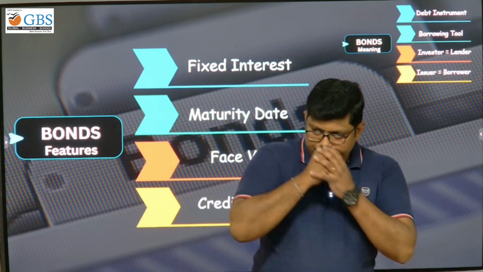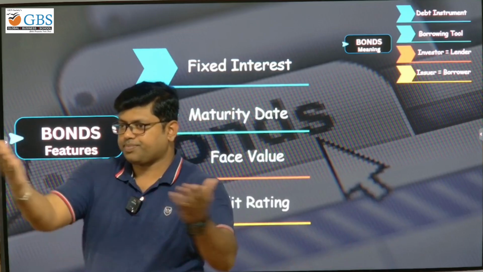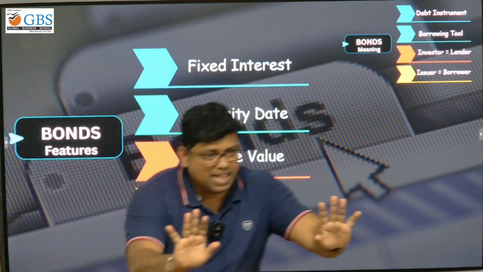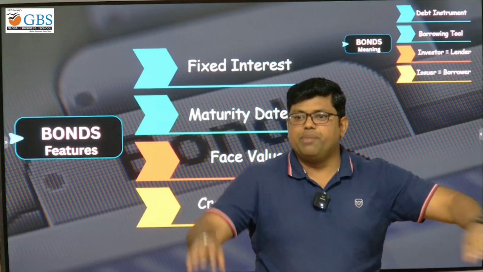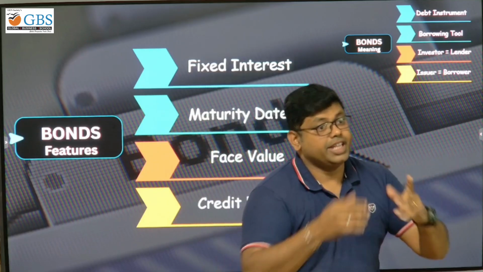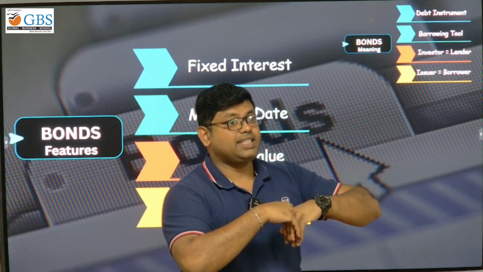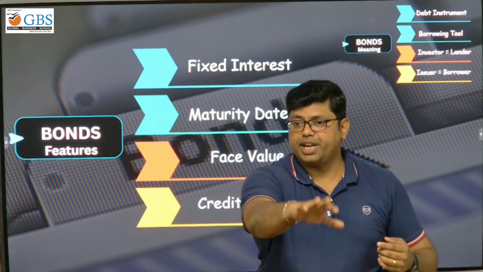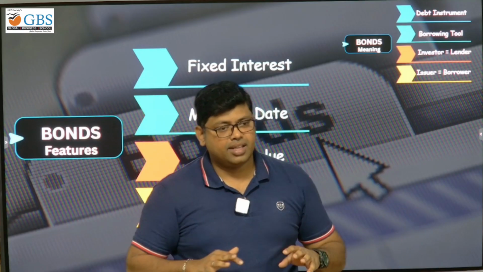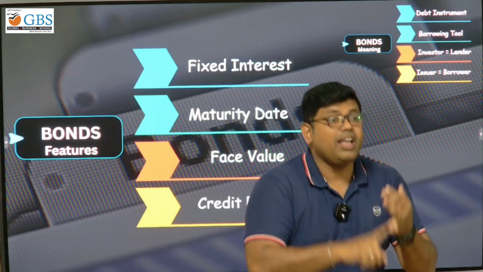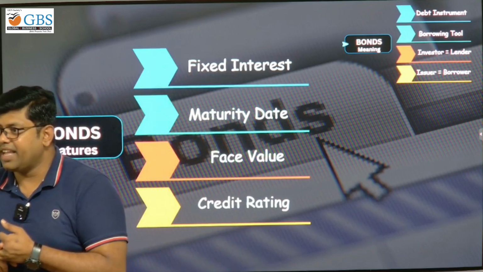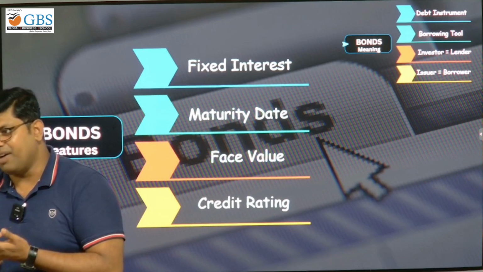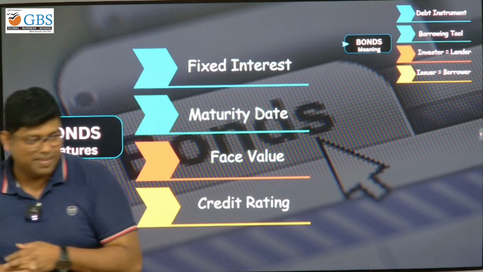Who is the buyer of that bond? Public. It can be the public or any financial institution. Or if you have a cooperative society bank, you can buy as a company on behalf of the cooperative society bank. It can be an individual, or it can be a group, a firm or a financial institution, right?